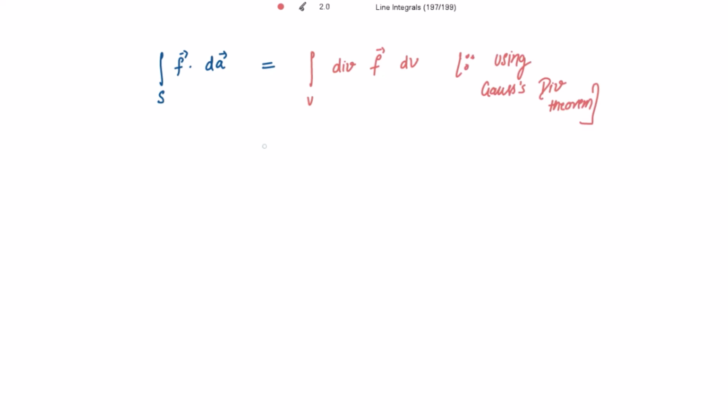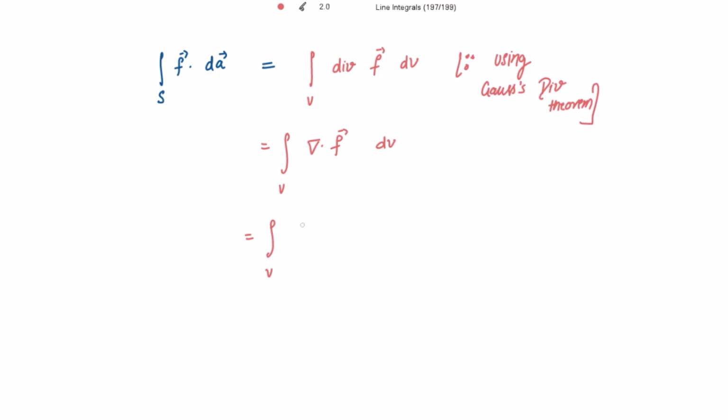So the surface integral of f vector dot dA vector is equal to the volume integral of divergence of f vector, using Gauss's divergence theorem. The volume integral of divergence of f vector is del dot f vector dv.